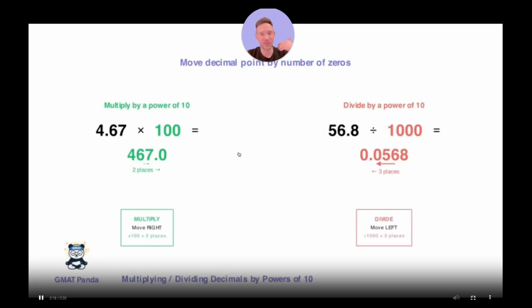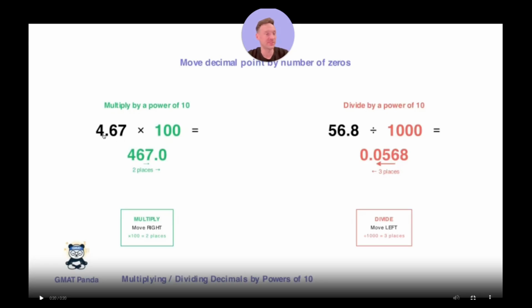So let's start with 4.67 that we're multiplying by 100. The result of that is 467. How have we gone from one to the other? Well, we could use a calculator, but in the GMAT Quant we can't use that. So the simplest way to go from one to the other is to just move the decimal point along by 2 steps.